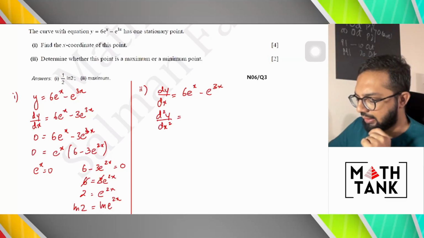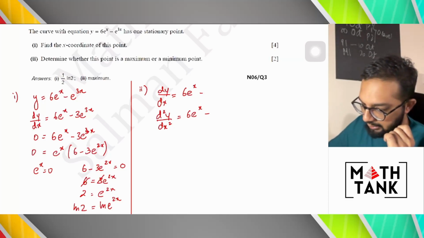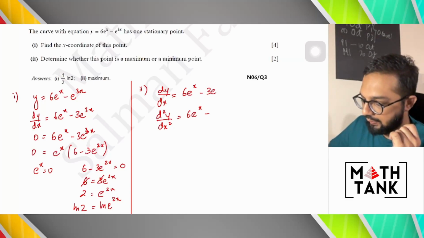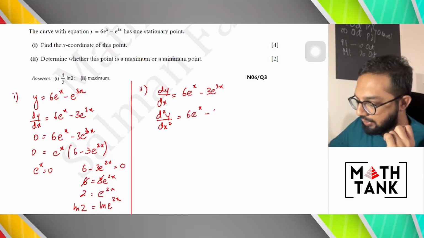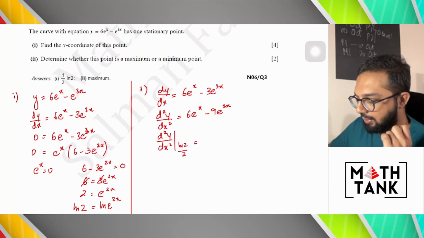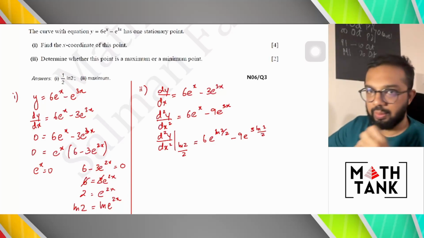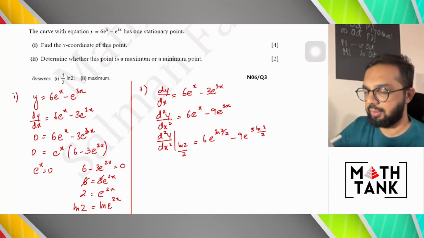I'm going to say that this differentiates to, again, 6e^x, and sorry, I've written this wrong. This is 3e^3x. So this becomes 9e to the power 3x, and when I plug in ln 2 divided by 2, let's see what happens. I am going to use my calculator to do all of this.